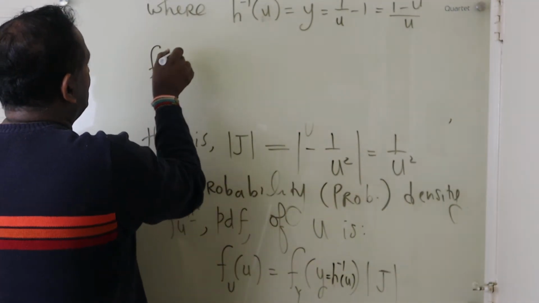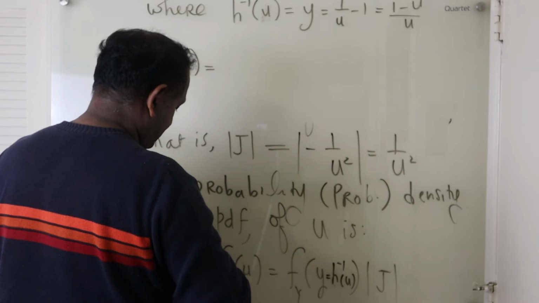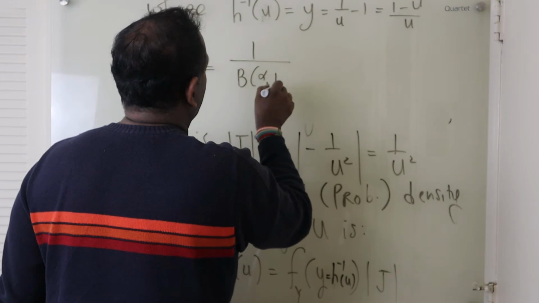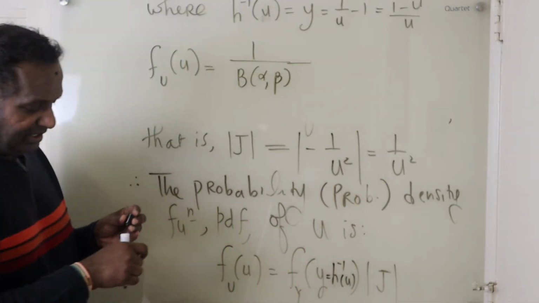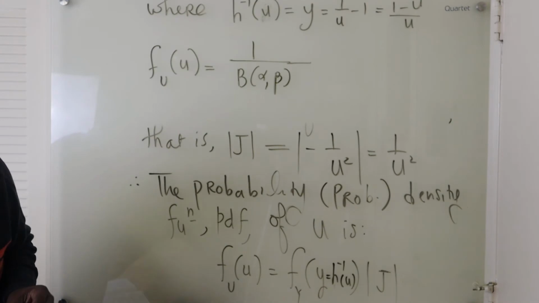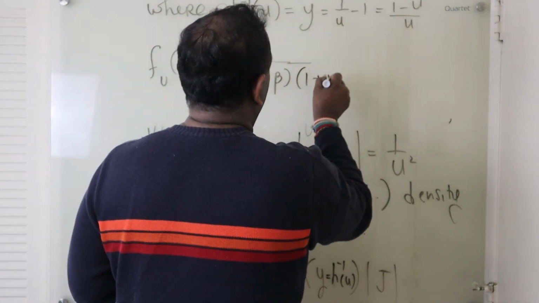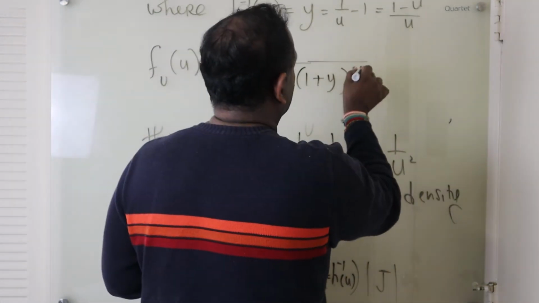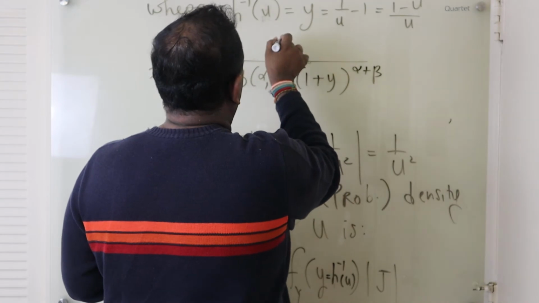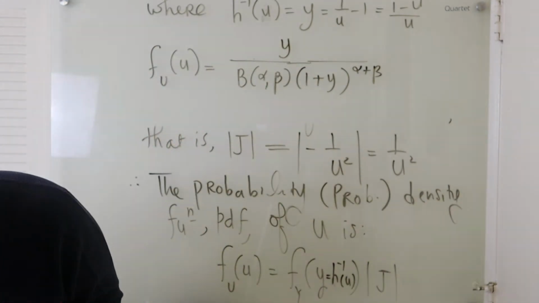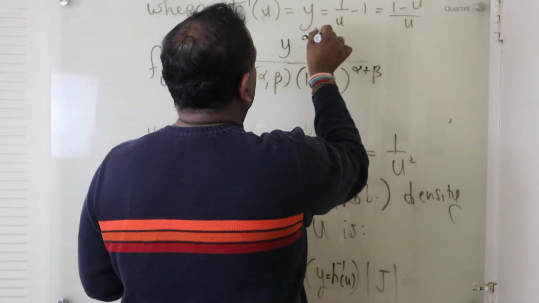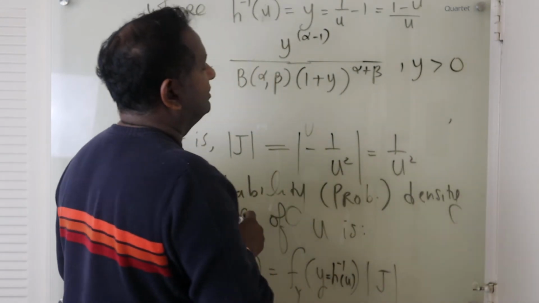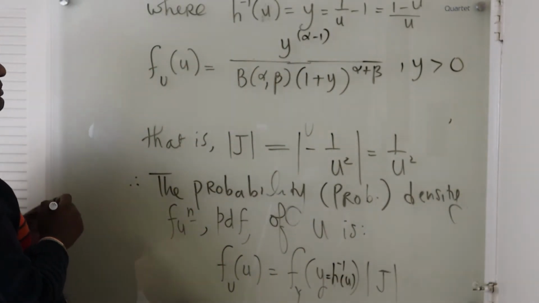Therefore, f of u is nothing but our function: 1 over beta of alpha comma beta, which is what I had earlier. I'm going to write this first. 1 plus y to the power of alpha plus beta in the denominator, and on the top y to the power of alpha minus 1, with y positive.